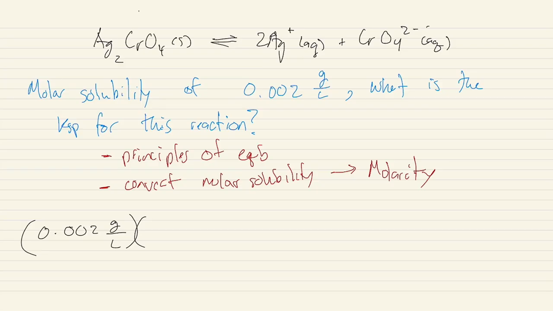I'll label them 1, 2, 3. Which one are we going to use to convert? One, 2, or 3? What do you guys think?